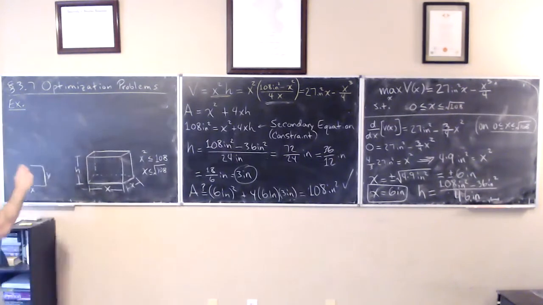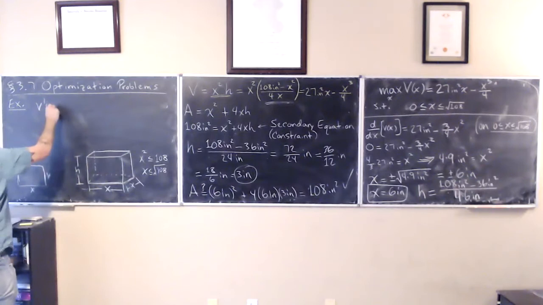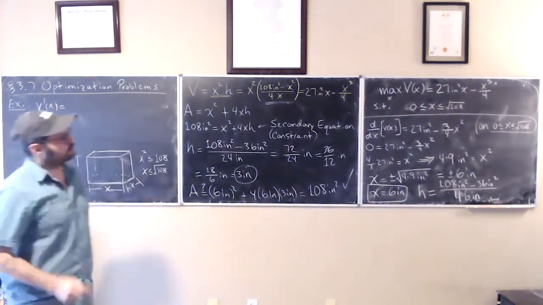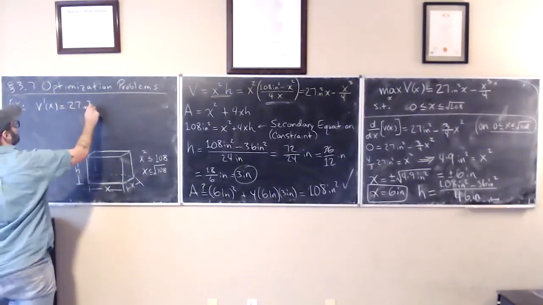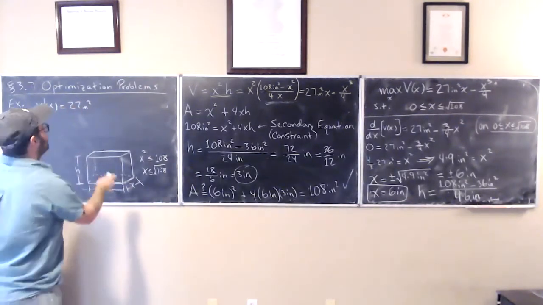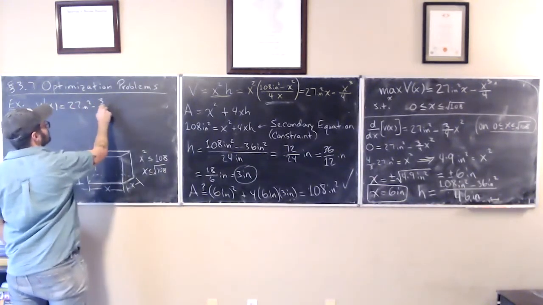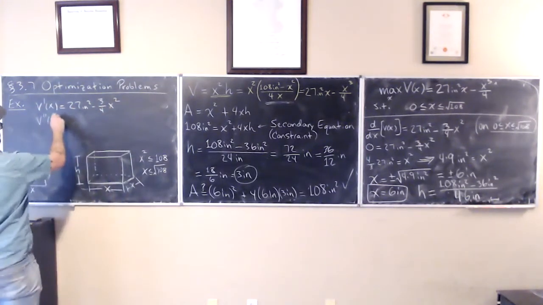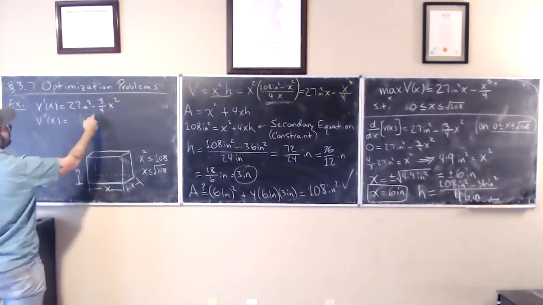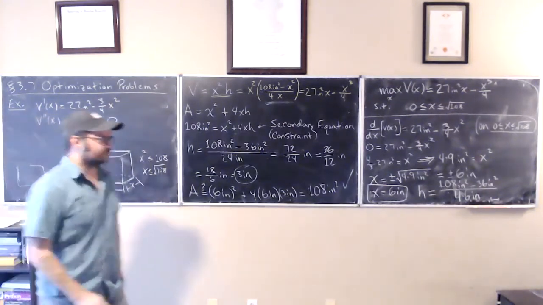V prime of x is equal to, what was it over there? 27 square inches minus 6 squared. So then the double prime, that goes to 0. So then negative 3/2 of x, which is less than 0, which is good.